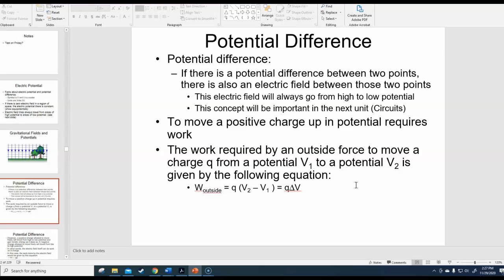If I want to take a positive charge and move it up in potential, I have to do a positive amount of work. And so the work required by an outside force to move a charge little q from a potential V1 up to a higher potential V2 is given by this equation. This should look very similar to what I wrote before.